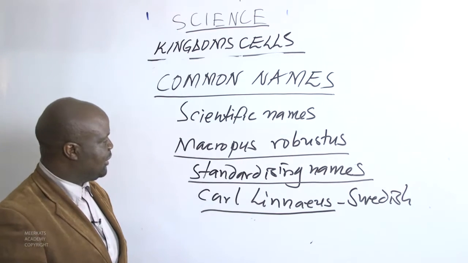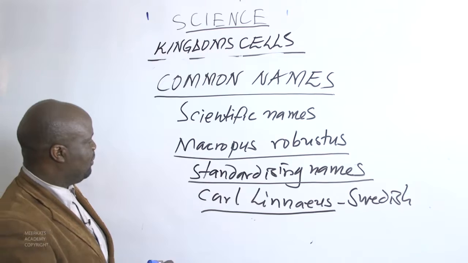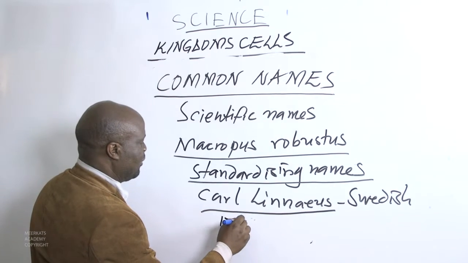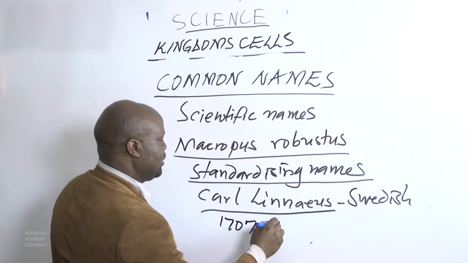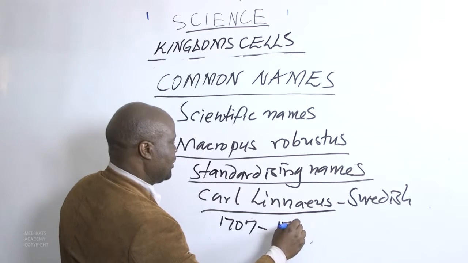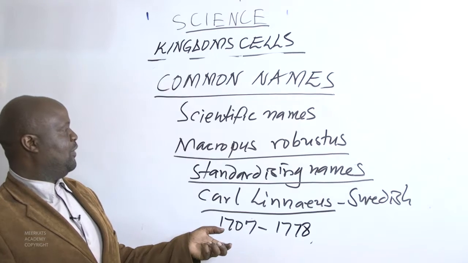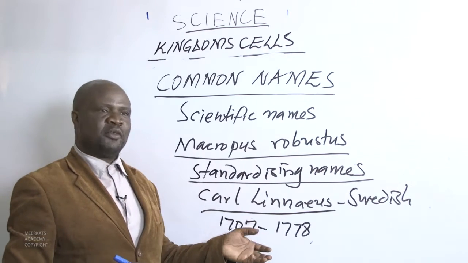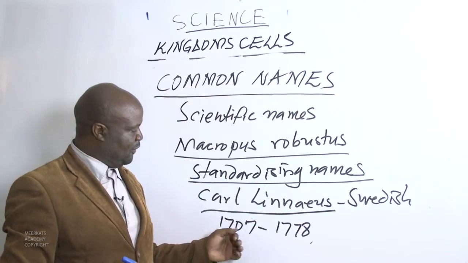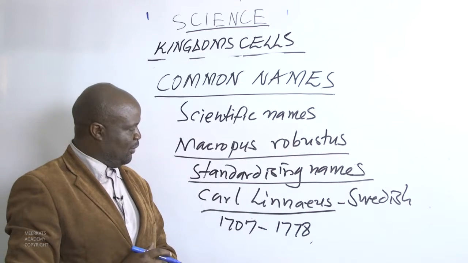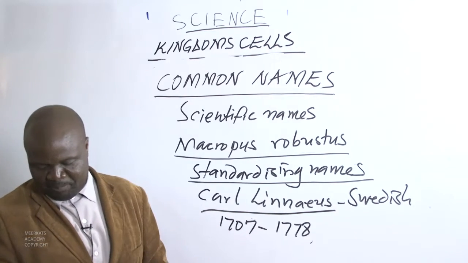This Swedish scientist lived between the year 1707 and 1778.